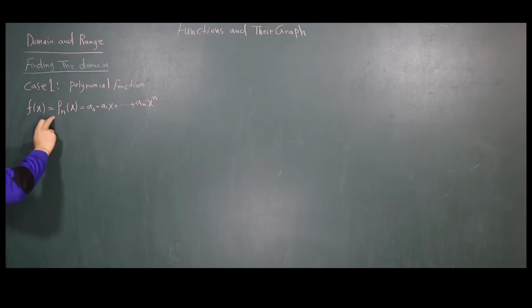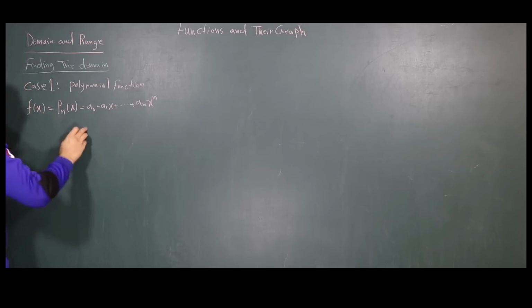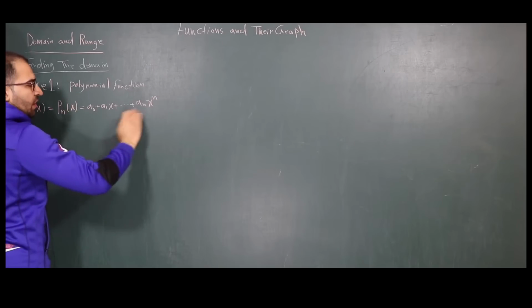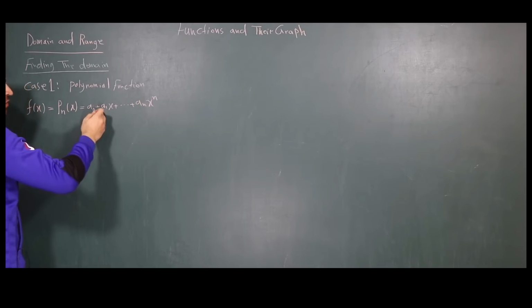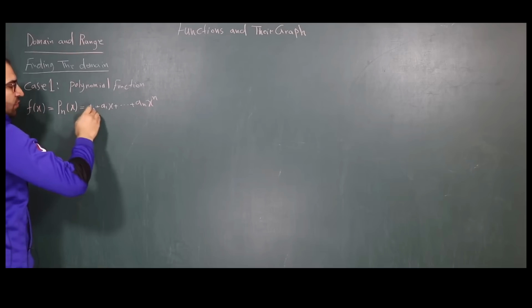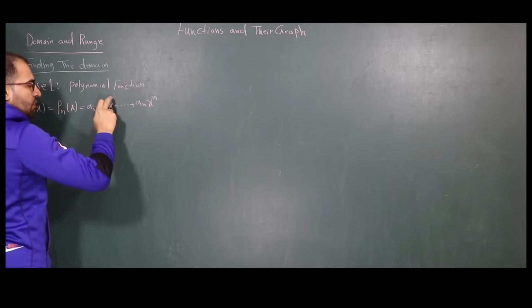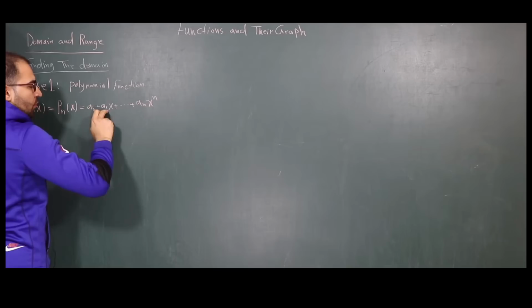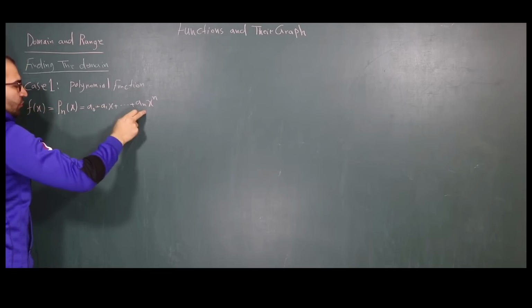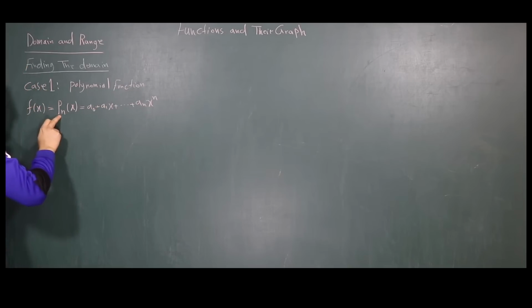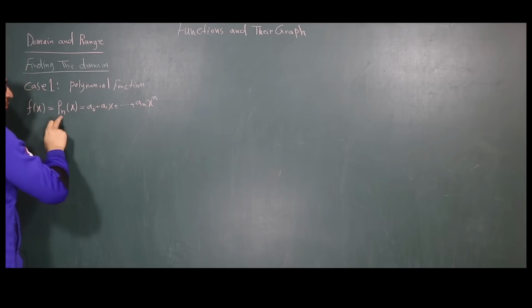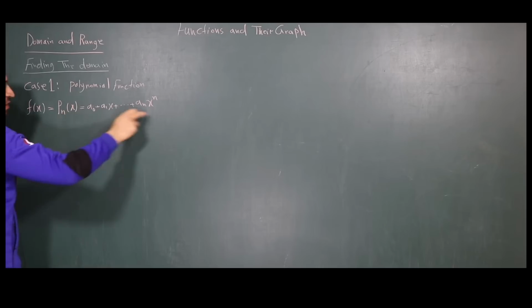This is called a polynomial of degree n. We can keep adding terms, coefficients multiplied by x with some exponent. For example, with exponent 2 the polynomial would be of degree 2, with 3 the polynomial would be of degree 3, and so on.